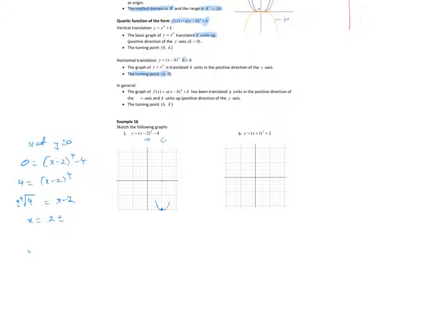The 4th root of 4 is the same as the 4th root of 2 squared, which is the same as 2 to the half, which is root 2. So you might get plus or minus root 2. So it's 2 minus a number smaller than 2, and 2 plus a number smaller than 2. So my intercepts are going to be both on that side.